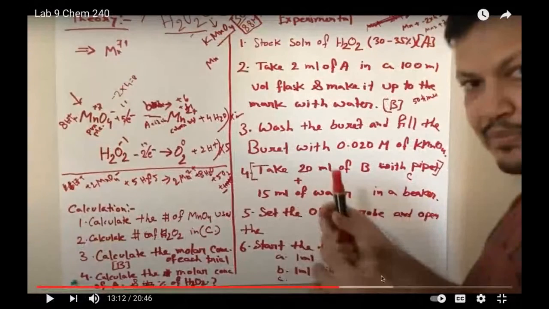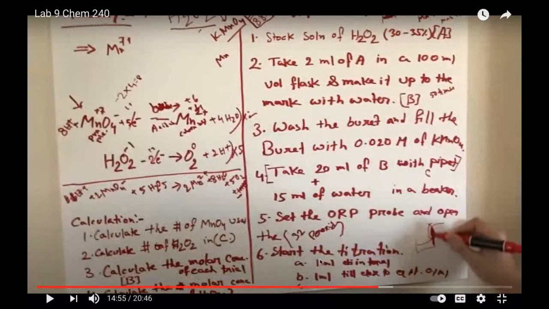Fast titration is always at 1 ml intervals, because you have to find out at what point the equivalence point is happening. This is just to get an idea. Suppose your first equivalence point is around 23 ml.